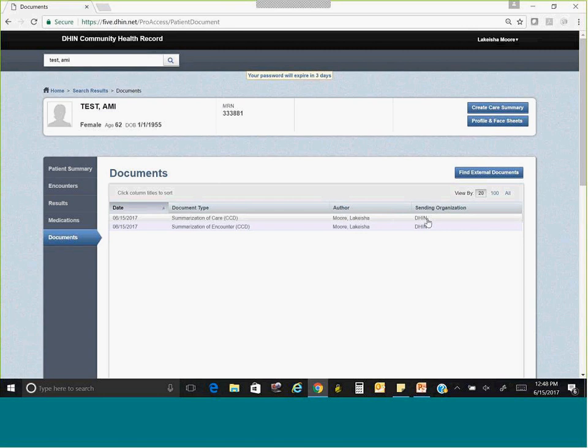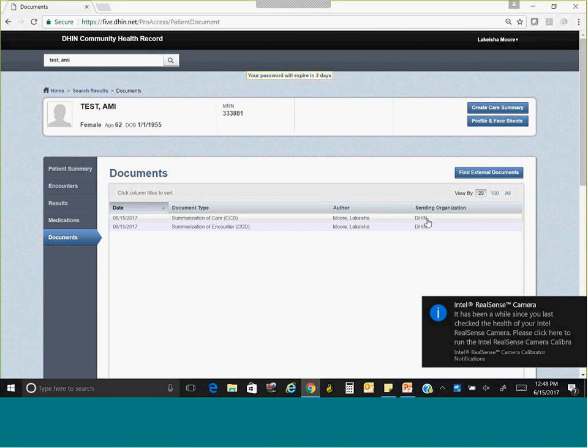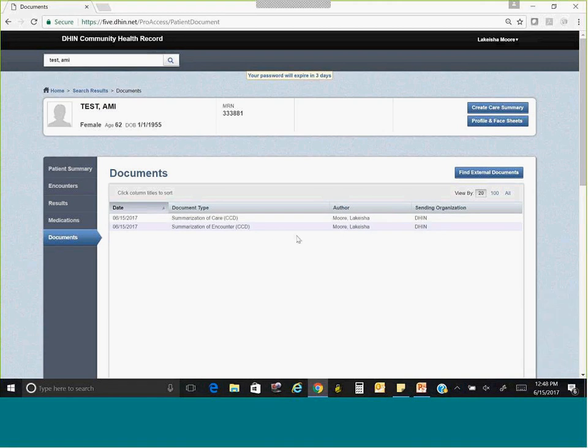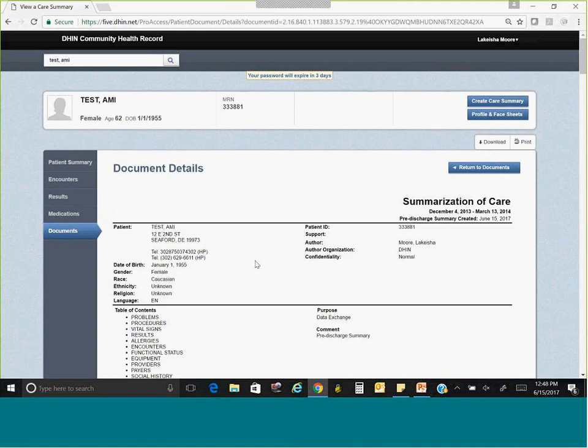There are a lot of other organizations sending in care summary documents, so you would get to see who they're being sent from. And the care summary that I did earlier, the encounter one, showed me everything that happened during that one specific visit to the hospital.